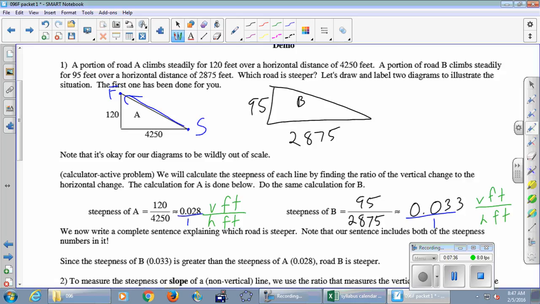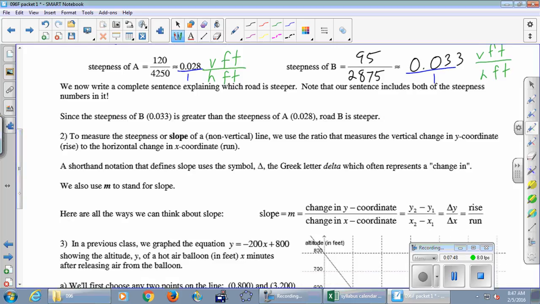We're both running horizontally 1 foot. And the 0.033 is a slightly bigger rise than the 0.028. So then the 0.033 must be the bigger steepness. So here's our sentence, which is going to include both of those numbers. Since the steepness of B, 0.033, is greater than the steepness of A, 0.028, road B is steeper.